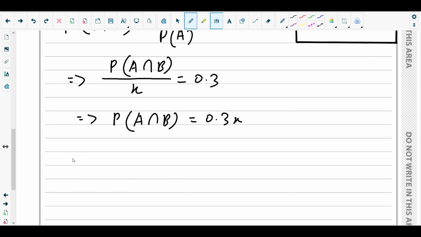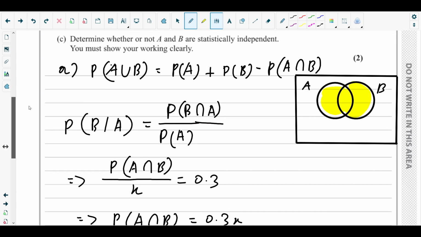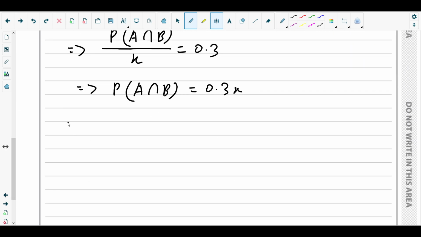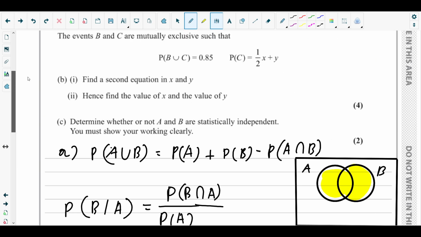Now we need the equation for A union B. So we can write probability of A, that is x, plus probability of B, that is y, minus A intersection B, that is 0.3x, equals 0.65. It's given in the question, right?